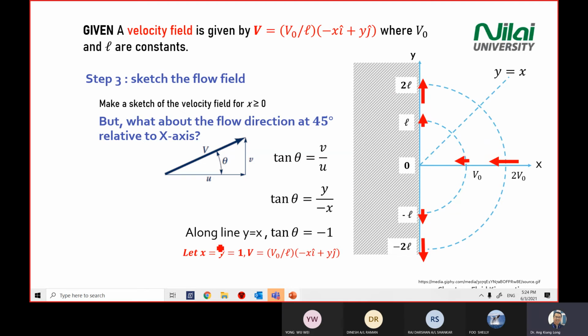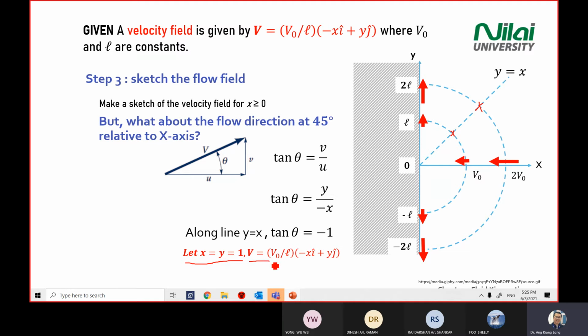Then you recall the boundary condition or the location of the node that we have. We know that along this line, at this point, all the numbers will be the same for y and x. So for this point, we will just use the value x equal to 1, y equal to 1.